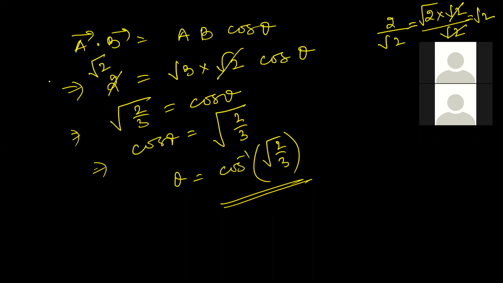If it is said that the two vectors are parallel, suppose there is a vector x given by 2 I cap plus 4 J cap, and suppose y vector is given as 4 I cap plus 6 J cap.